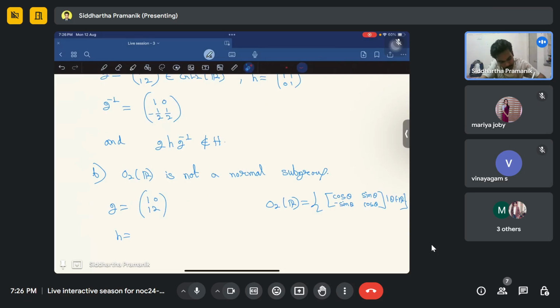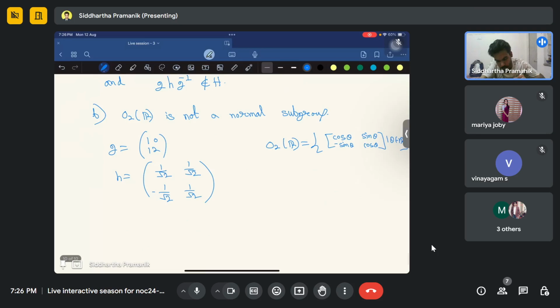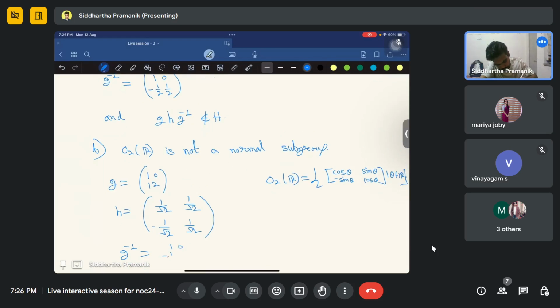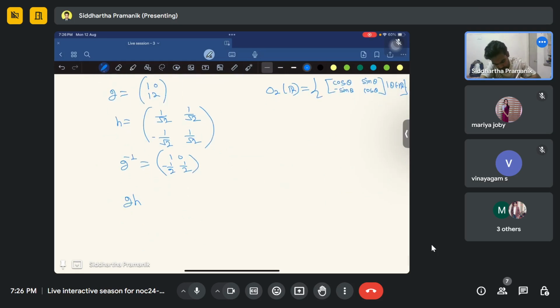You can take theta as, let's say, pi by 4. So cos pi by 4 means 1 by root 2, and sin pi by 4 is also 1 by root 2. So this is in O2(R). And g inverse, as we have earlier seen, is 1 0 minus 1 by 2 1 by 2. So you can check g h g inverse is not in O2(R).